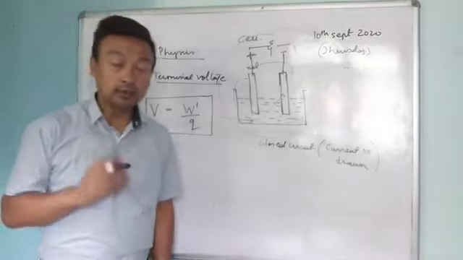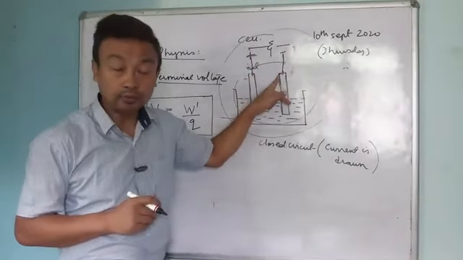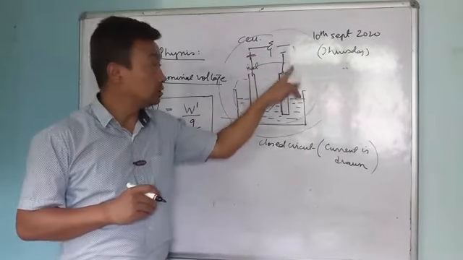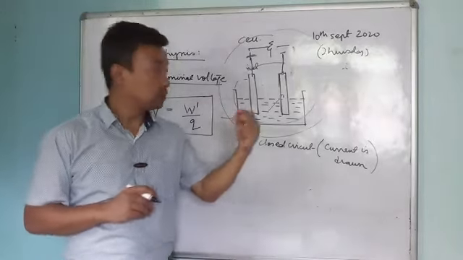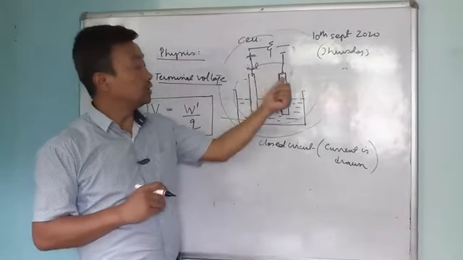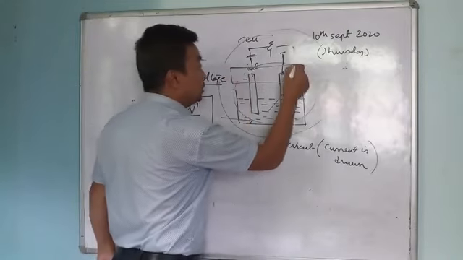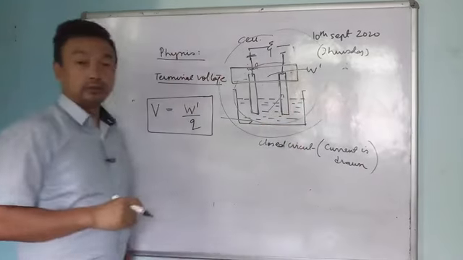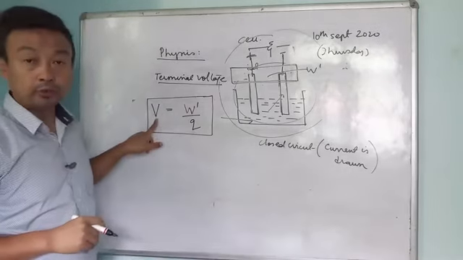Because it is the work done per unit charge in carrying the test charge around the external circuit of the cell, only in the external circuit of the cell, or around the electrodes, so only in this region. Whatever is the work done, that work done per unit charge is defined as the terminal voltage.